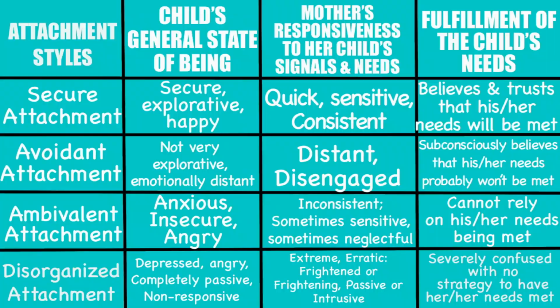They are busy, they are distracted, they're having their own life, and due to which they are very inconsistent, and hence the child ends up in the middle, where they feel like they cannot rely on their needs being met every time, and that makes them anxious, insecure and angry.